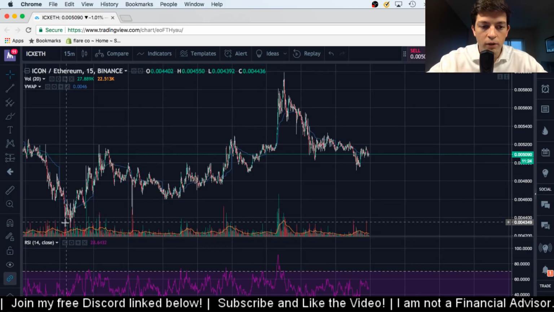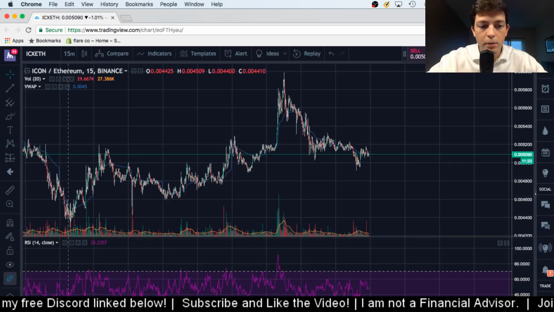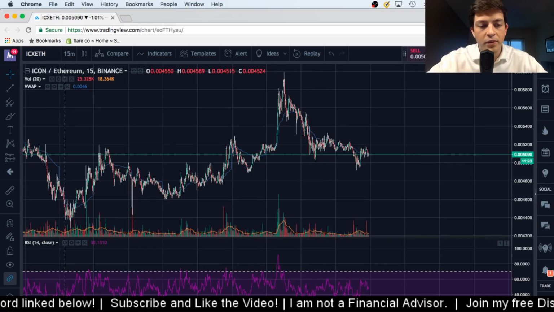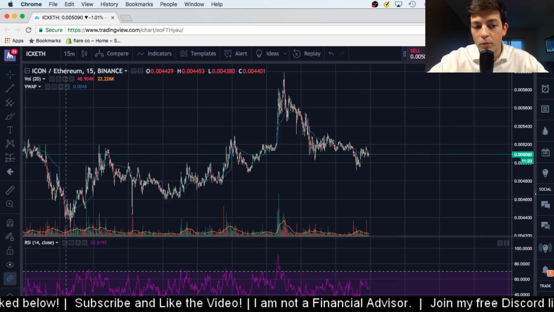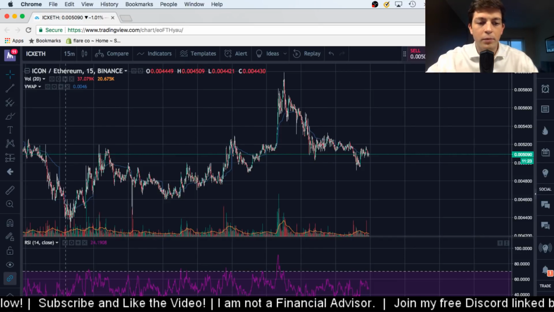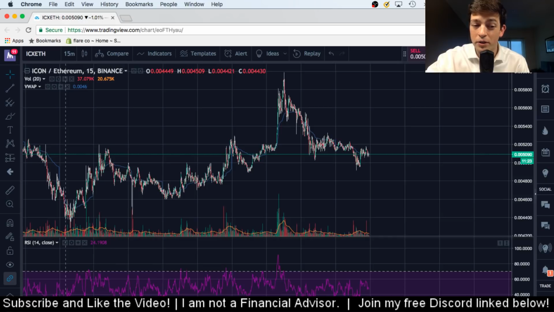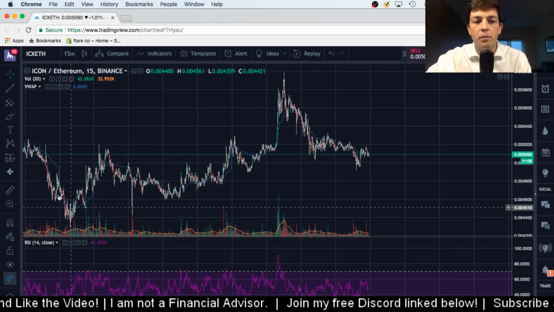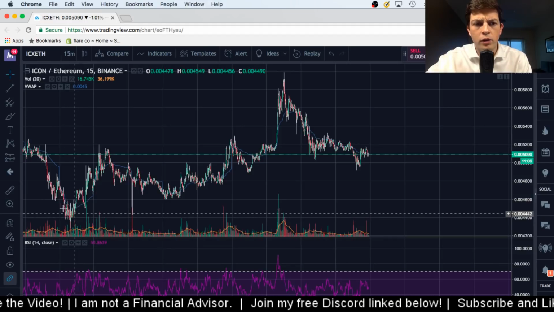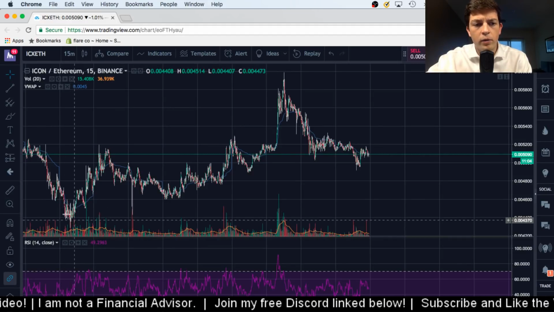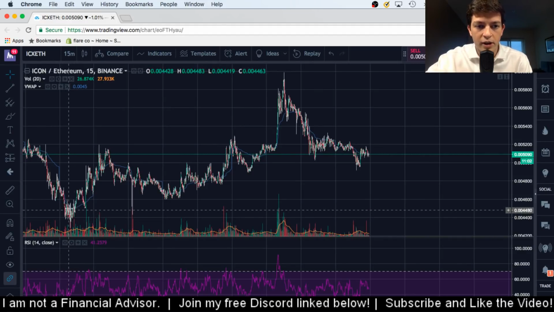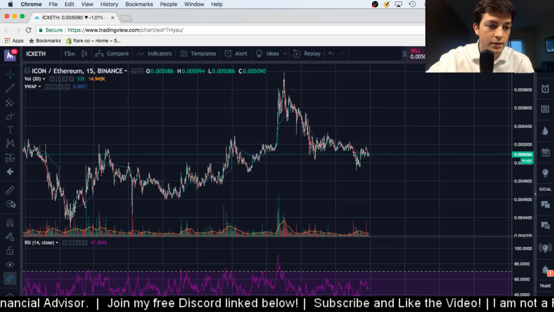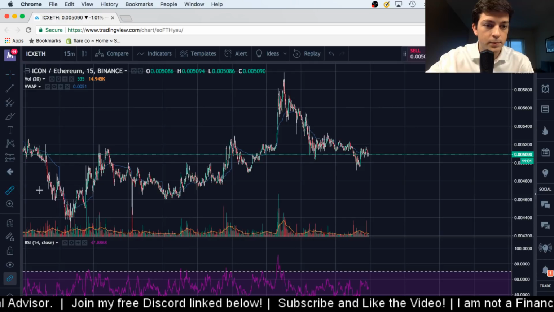So same thing can be said here. It's oversold. So if you see it dip below this 30 line and you decided to buy in right here, knowing that it could potentially rebound off of this low, because it's pretty low on the RSI, and it's going to be hard for it to maintain that for a long time. You would have had just a little bit of low further down to go, but on the flip side, you would have bought and you would have gained, let's see here, I think it's this one.